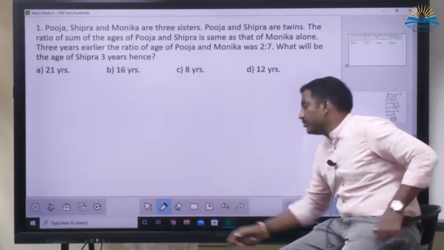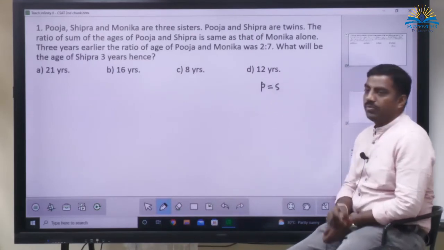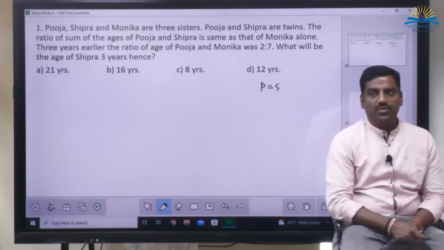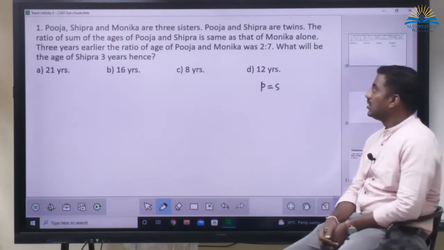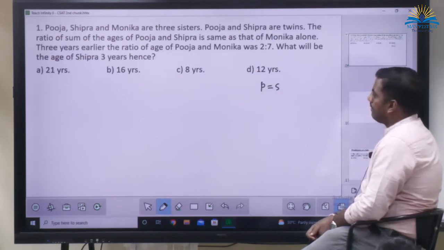P is equal to S. P is equal to S, correct? No issues? Yeah. The ratio of sum of the ages of Pooja and Shipra is same as that of Monica alone.